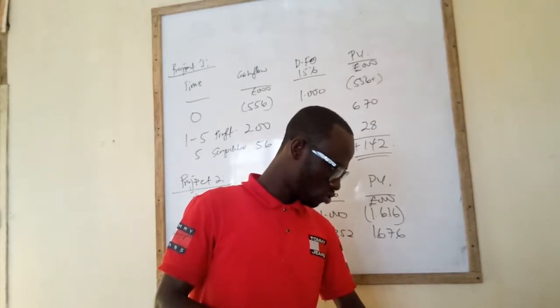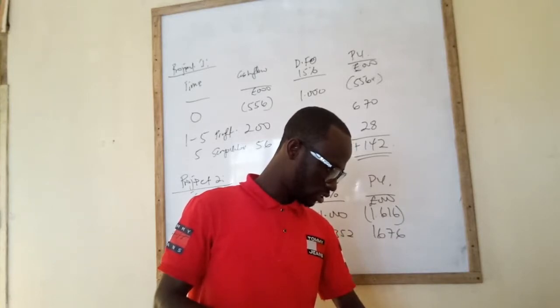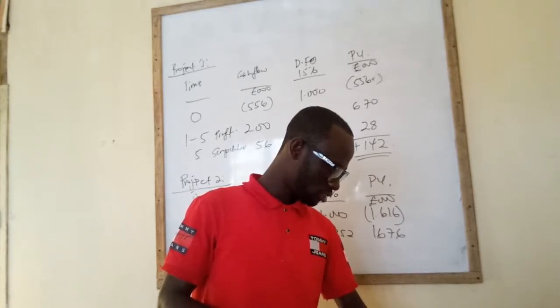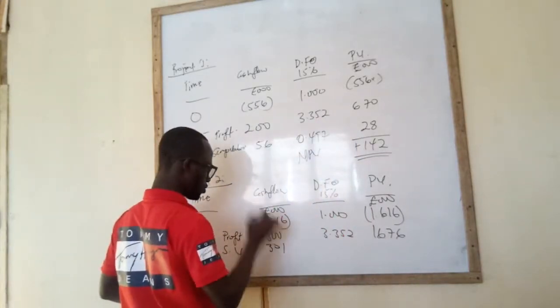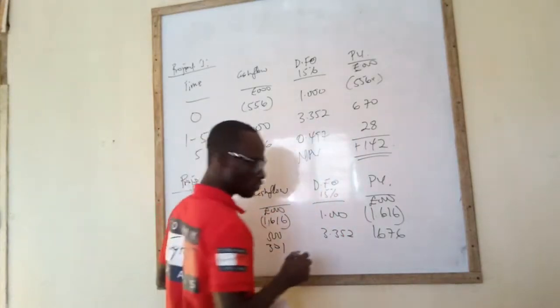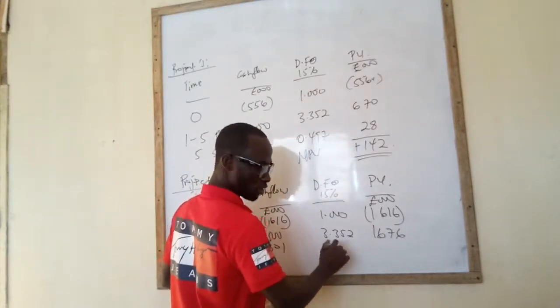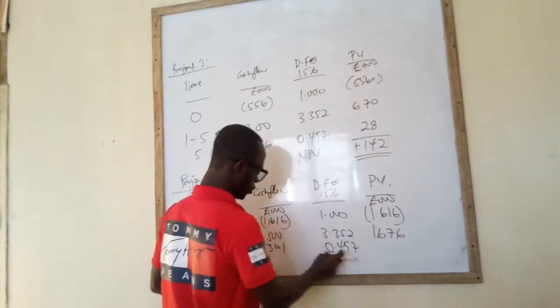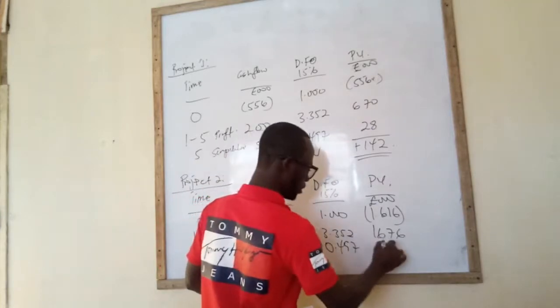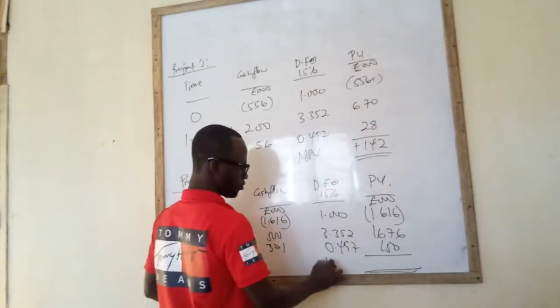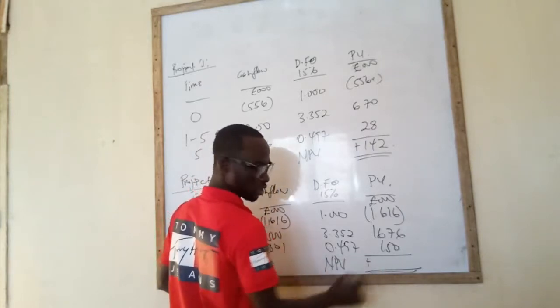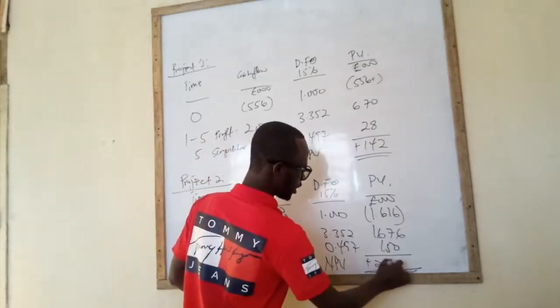That's 301,000. Scrap value is 301,000. I think I missed that there. So 301. And the present value factor is 0.497. So when we multiply, we're going to get 150. So net present value of Project 2 is going to be positive 210.